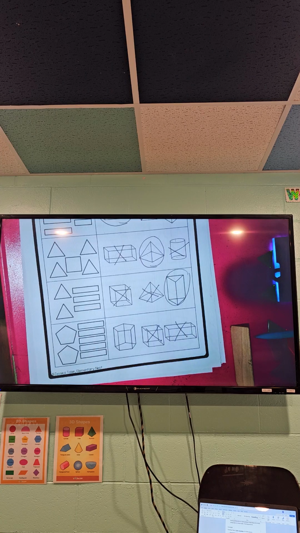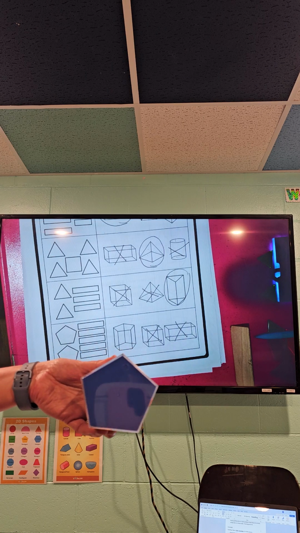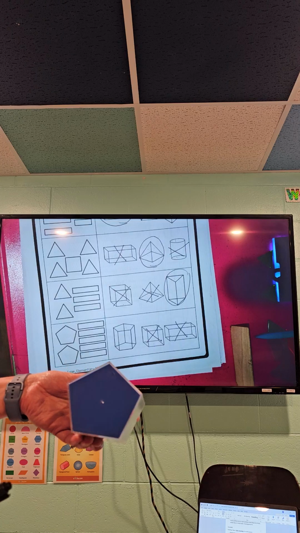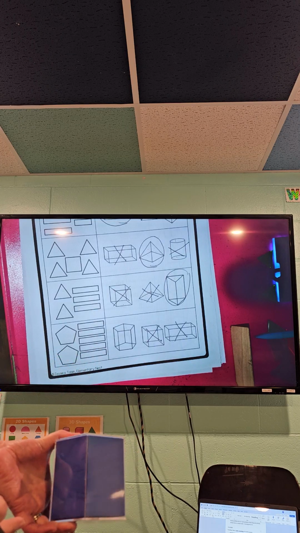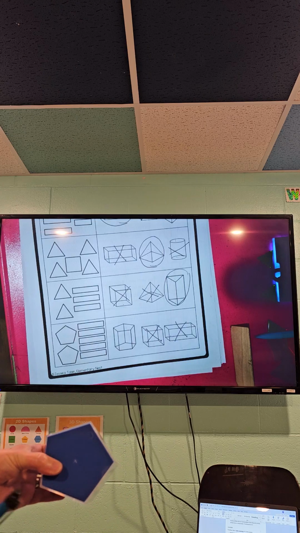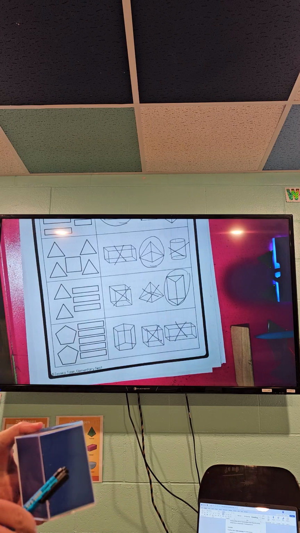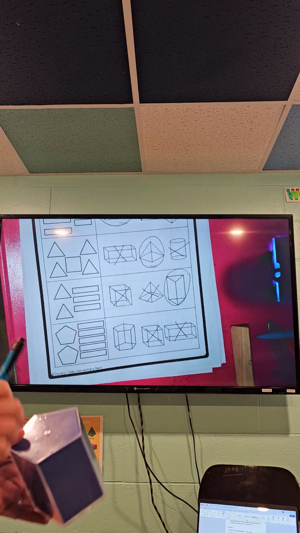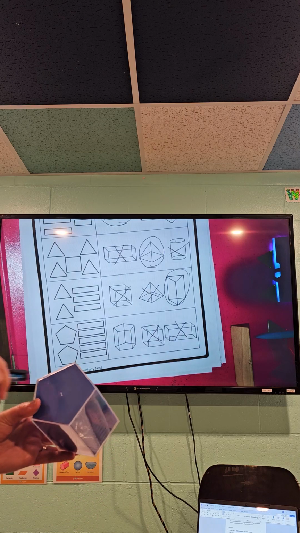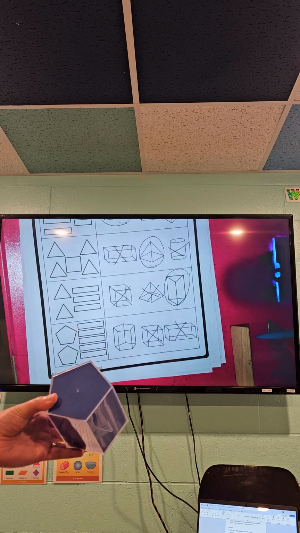And this one right here is the pentagon. It's got the 5 sides. So that is the shape that you're looking at on the page. So the pentagons and then the rectangles. There should be 5 rectangles because there's 5 sides of the pentagon. So there has to be 5 rectangles.